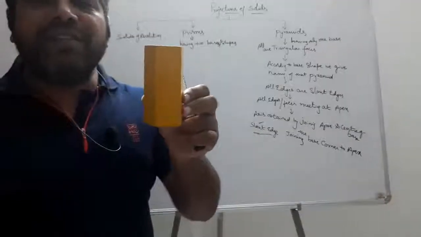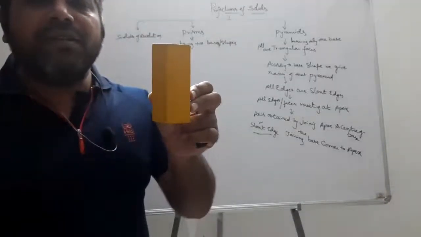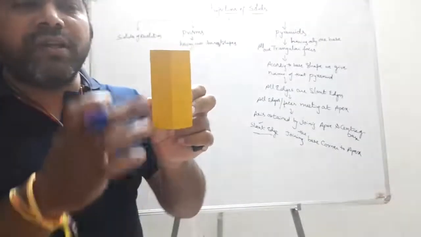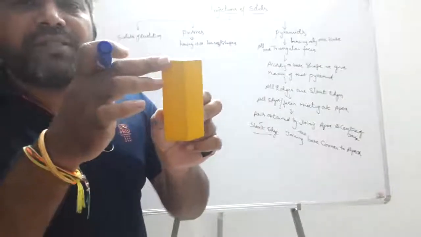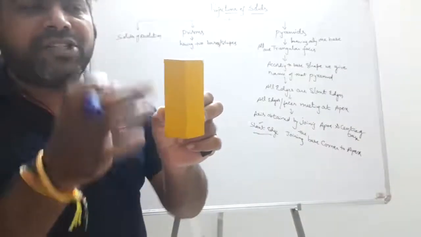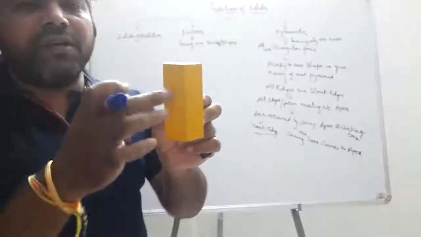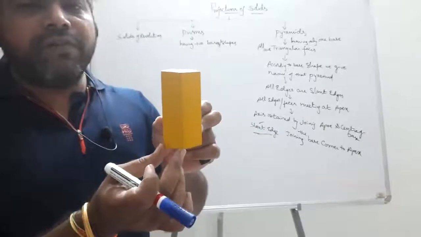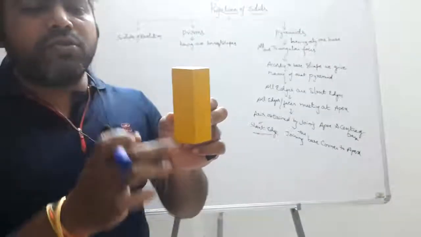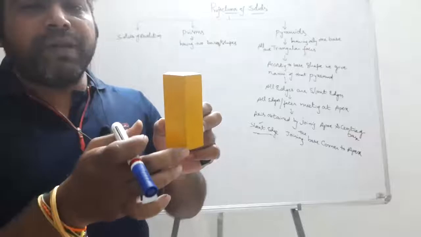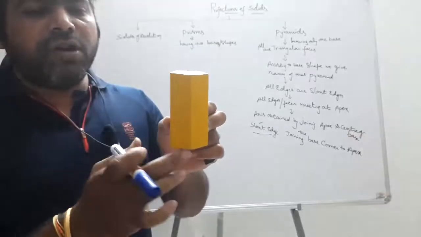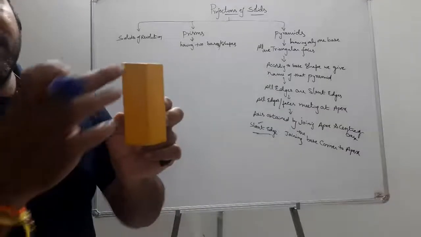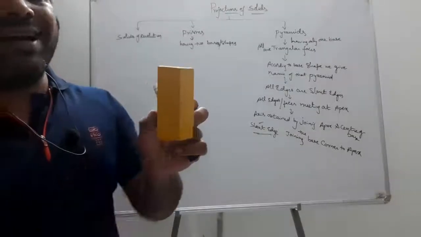What is meant by a face? Let us join one of the base edges to the opposite edge. The base edge has two corners, and the opposite edge also has two corners. If you join these corners, you obtain a straight line. If you join all of these, you get the faces. This face is the shape of a rectangle.